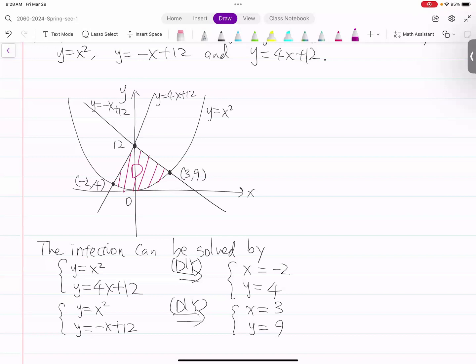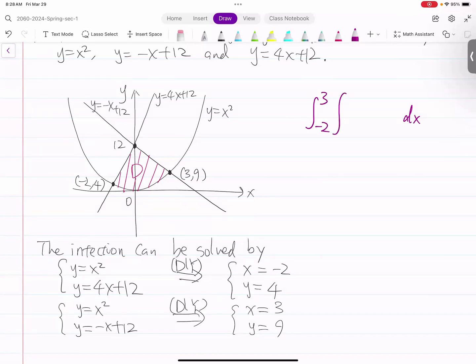So here we know we have the smallest x value of this region to be -2 at the left endpoint, the left intersection. The right intersection is 3, 9, right? So it's tempting to write the interval as dx on the outside where I have -2 to 3.